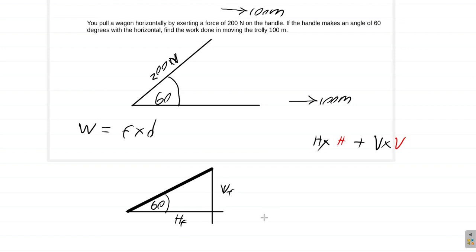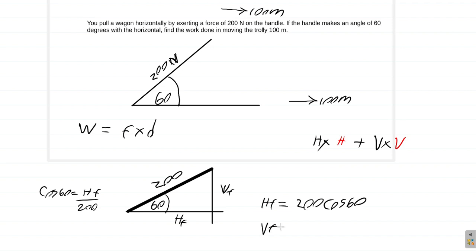Although you know that books and so on sometimes use I for the horizontal and J for the vertical. Now, the horizontal force equals, what would it be? You have to remember that cos 60 is adjacent, which is the horizontal force, over hypotenuse. Hypotenuse is 200. So transposing, horizontal force is 200 cos 60.